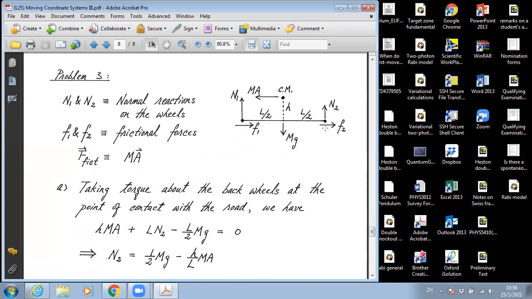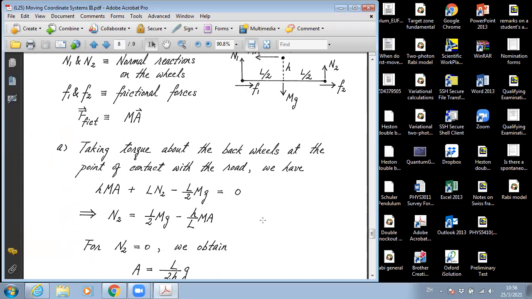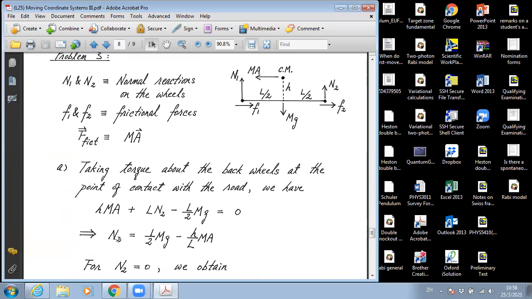The normal reaction at the front wheel, at the point of contact, gives L times N2. And the moment due to the weight is minus half L mg, right? So we can determine N2. That is equal to 1/2 mg minus h over L ma.